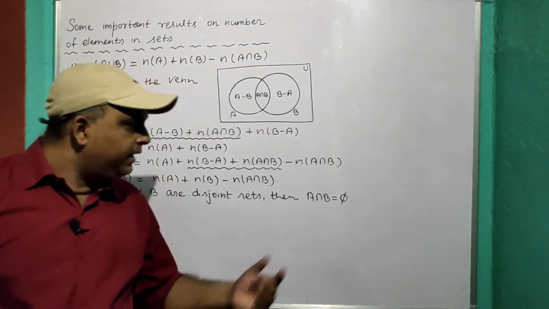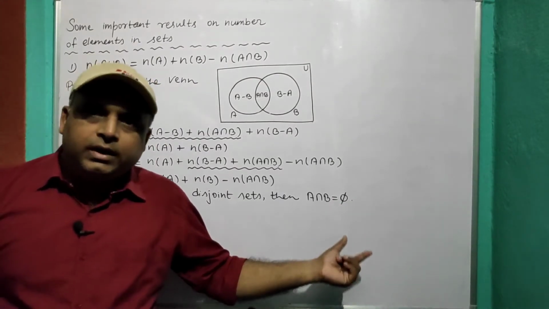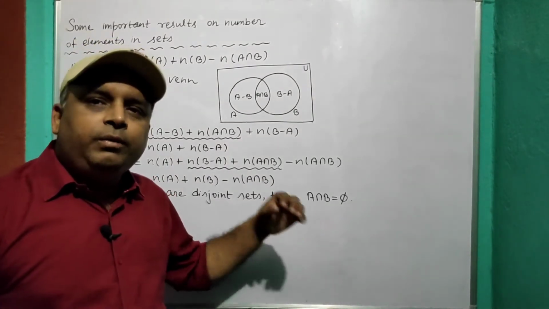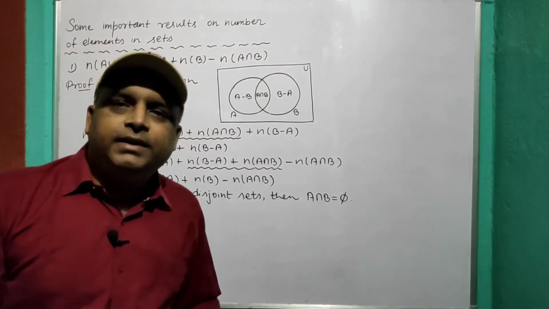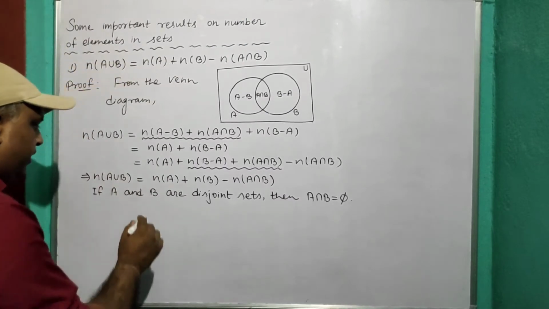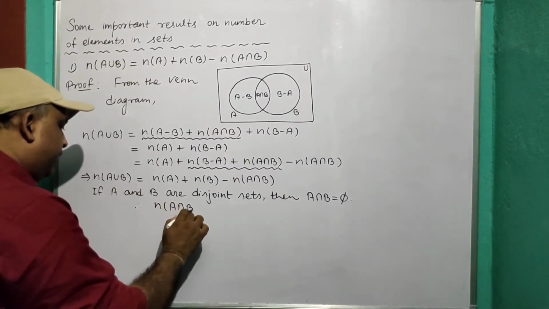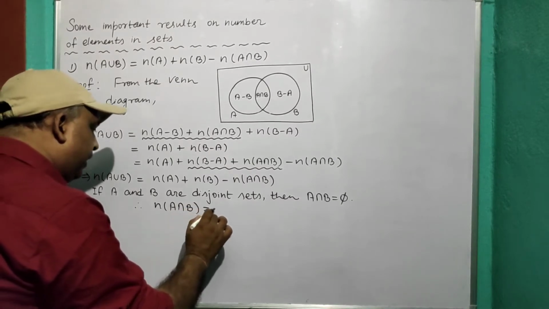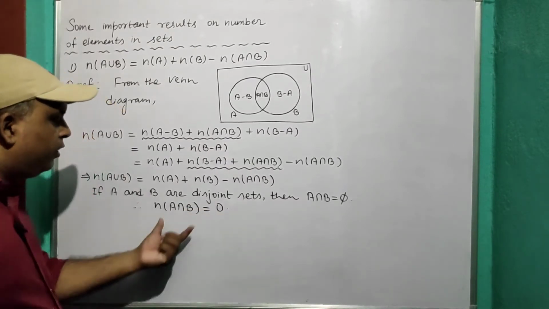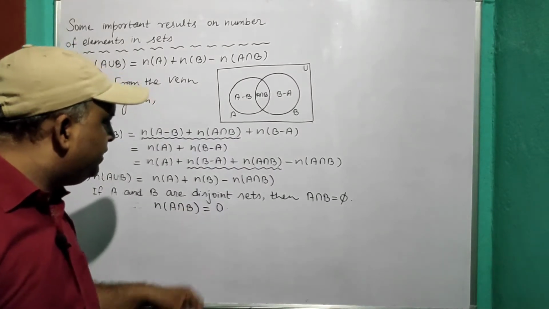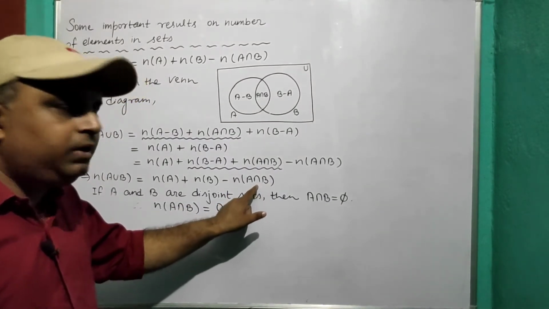So in that case, their intersection is always equal to null set. And if their intersection is null set, then what will be the number of elements in A intersection B? It is obvious that if their intersection is null set or empty set, then the number of elements in this will be 0.